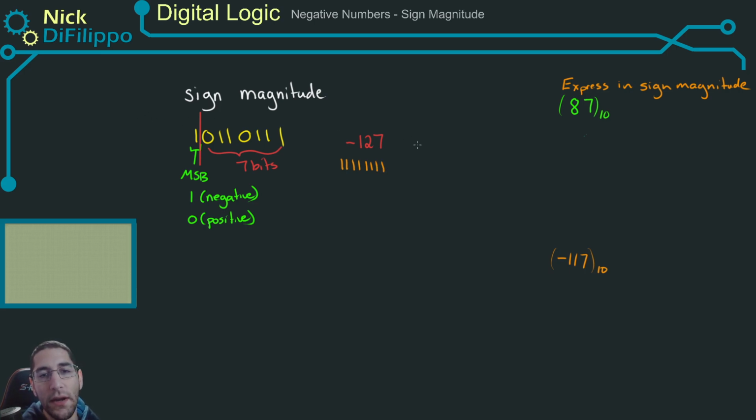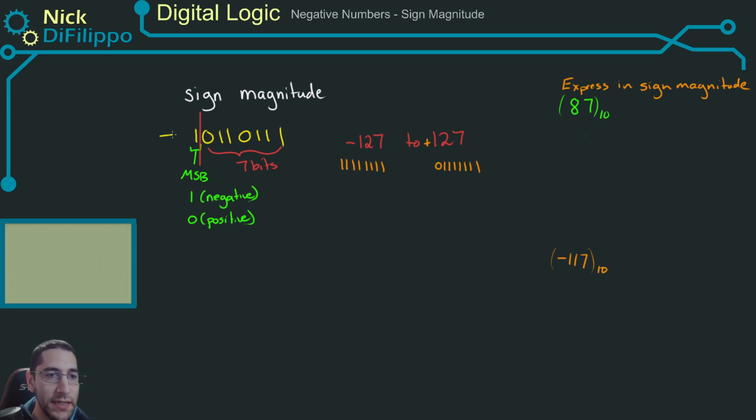And we can represent up to 127, and that would be if our first bit is 0, because the 0 means we're positive. So it's really a positive 127, and then all the rest of our bits are 1. So it's a very simple way to represent negative numbers.